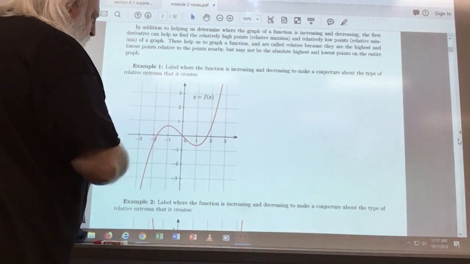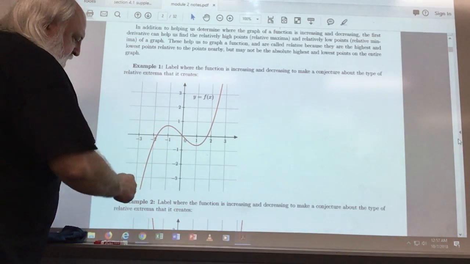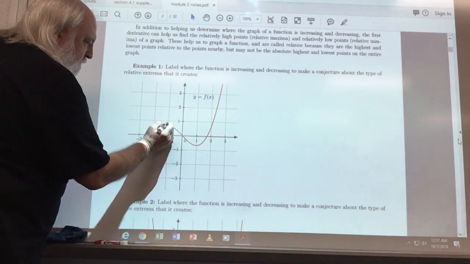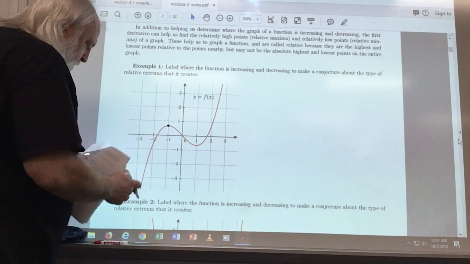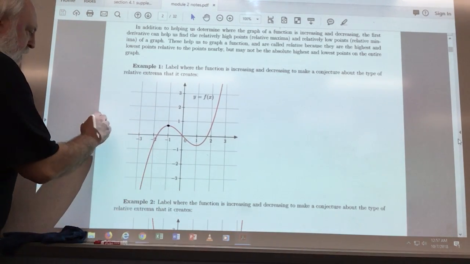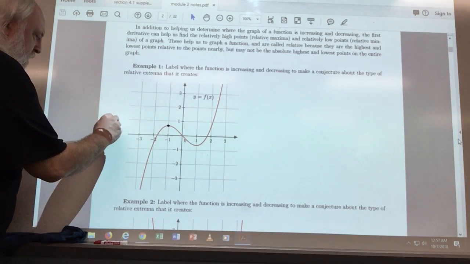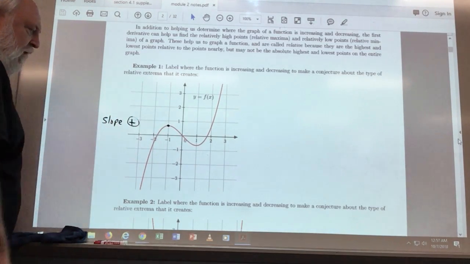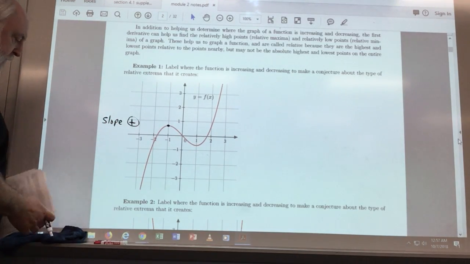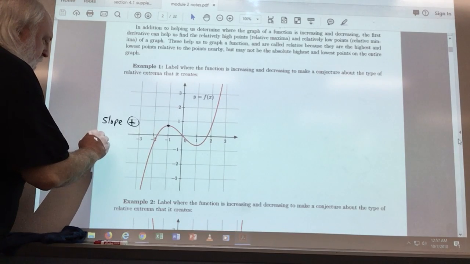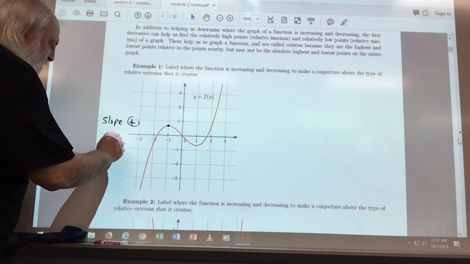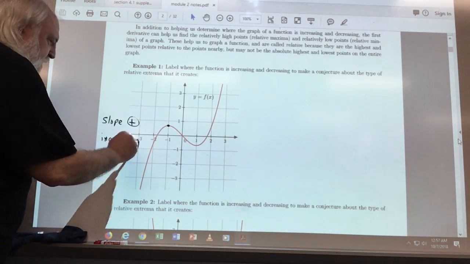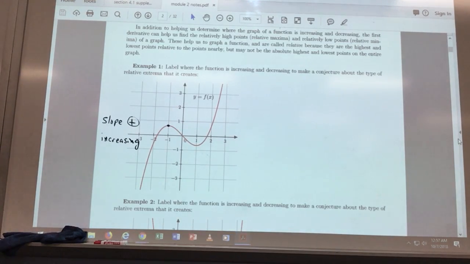We're reading the graph from left to right. You can see from this point down here to this point up here, the slope at each point on the graph is positive. We're going uphill, and so the function f of x, we say, is increasing.